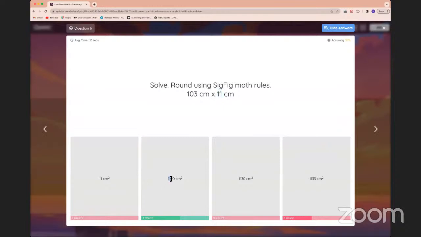And clearly here you can see that 103 multiplied by 11 rounded to 2 significant figures is 1100. This is a situation where these zeros are not significant, but you also cannot discard them, because if you discard them, your answer will not have the correct magnitude. You cannot say 103 times 11 is 11, or 1130 or 1133. It has to be 2 significant figures. So the zeros here are just placeholders.